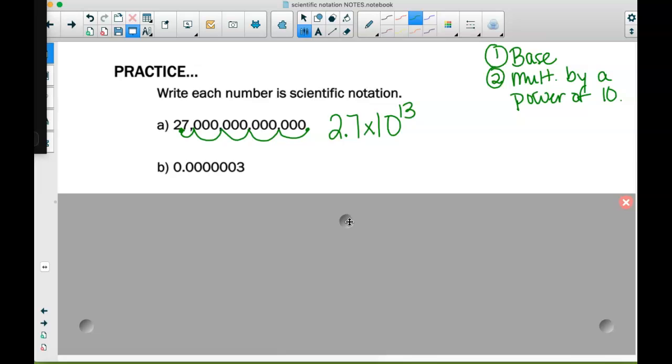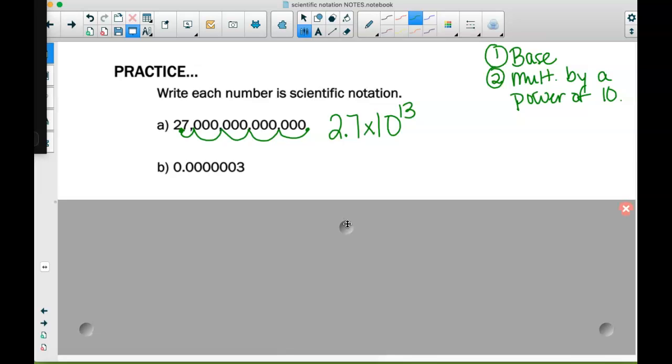Okay, let's try another one. Here's a really, really small number, 0 point, and then there's 6 zeros and a 3. So 0.0000003. Okay, I need to move the decimal so that it gives me a base number that's between 1 and 10.